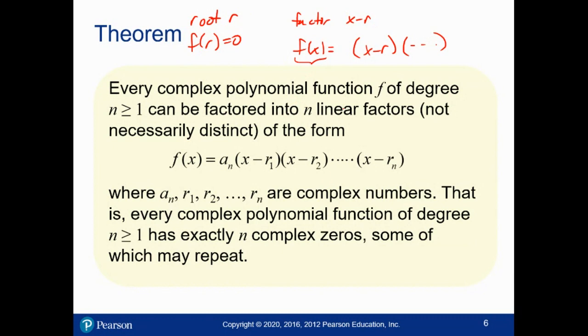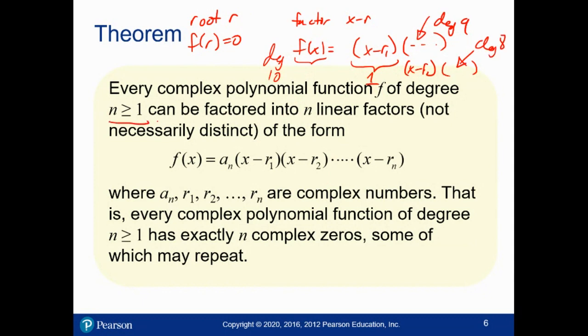It has a complex root, which means I can factor something like this out. But if this was of degree 10, this is of degree 1, that means this has to be of degree 9. But it's now a polynomial of degree 9, which means it has a root. So I can find something and factor it out. And if this was one root, maybe this is a second root. Then what's this? This has to be of degree 8, and so on and so on.